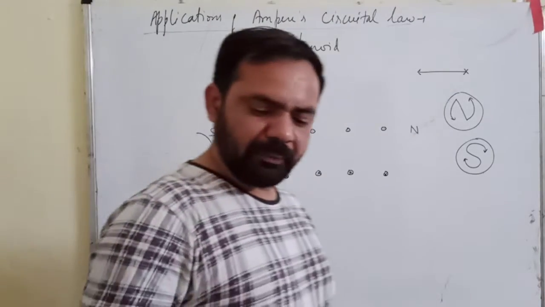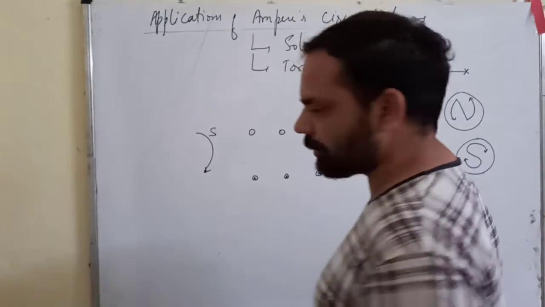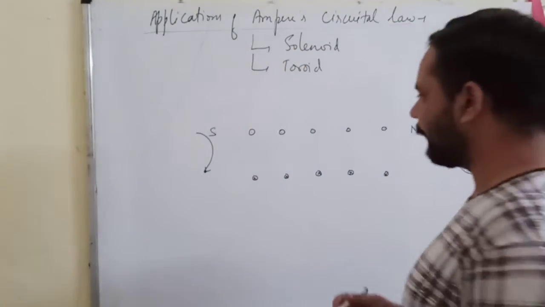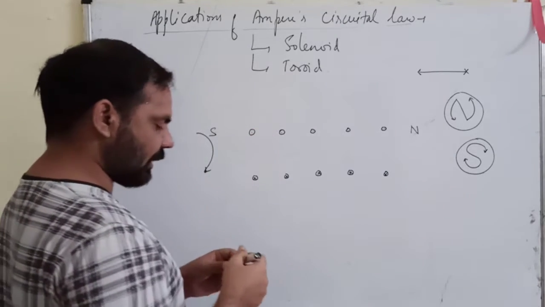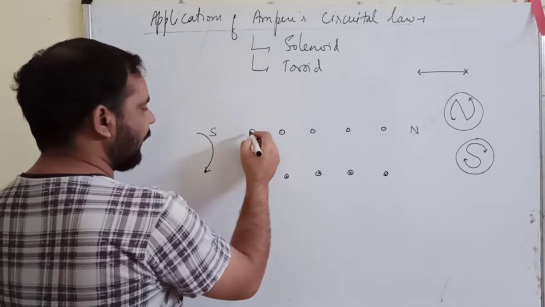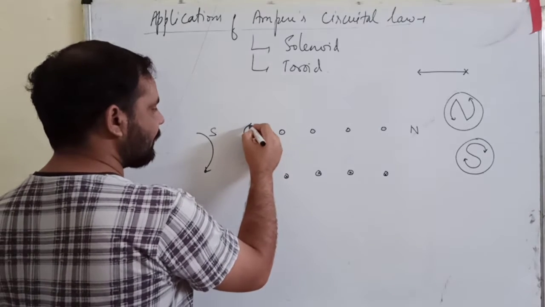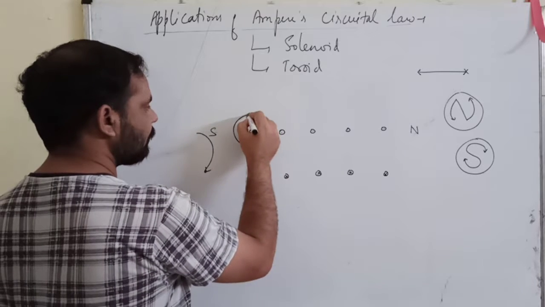Now when we draw the pattern of the magnetic field for a solenoid, here the current is coming out, so the fingers curl in this direction, and the magnetic field will be concentric circles in this direction, like this.